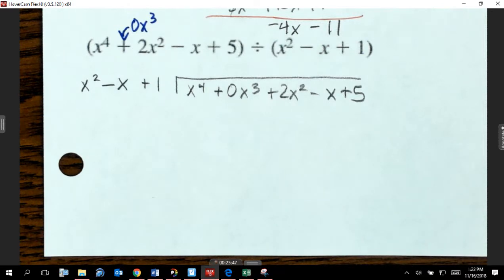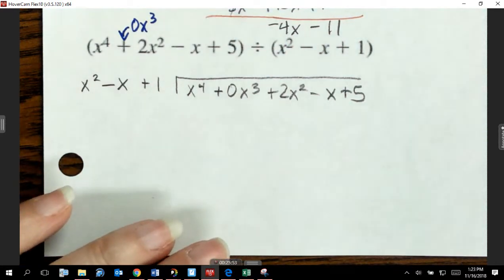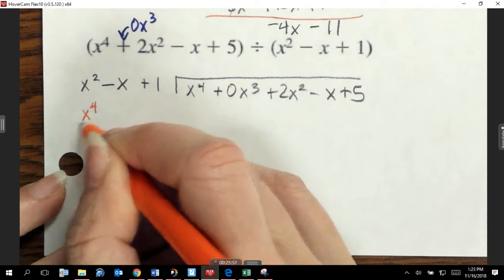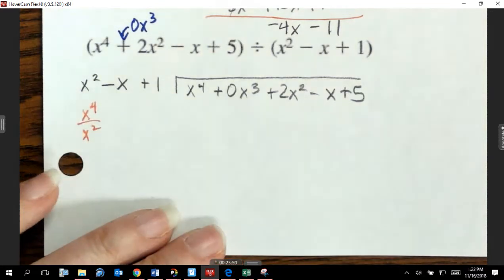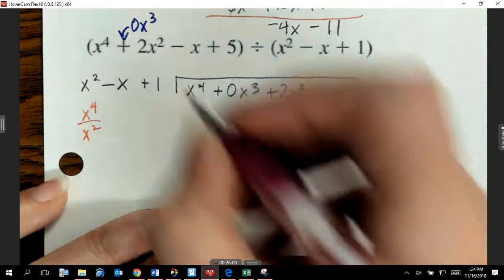Our first step is divide. So I'm going to divide the first term. If you don't know how to do x to the fourth divided by x squared, then do it off to the side. What is it? X squared.